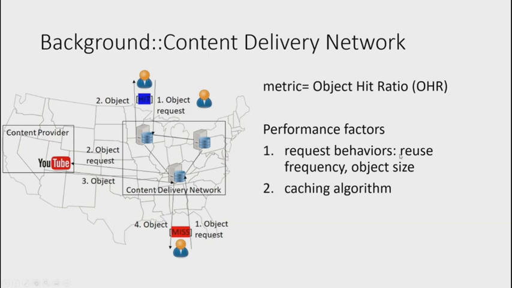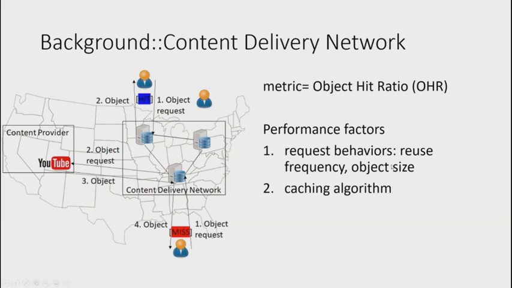Then in that case, caching those objects may not be a good use of cache space. So if many of the object requests that arrive at the cache server are rarely accessed again, then the performance of the cache server may suffer.